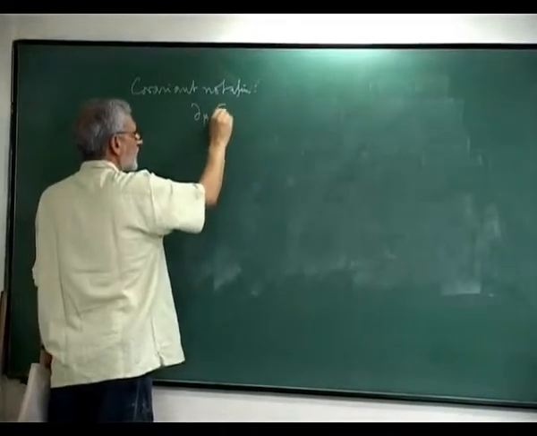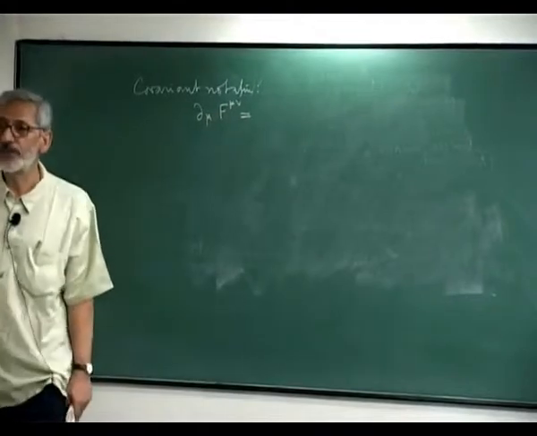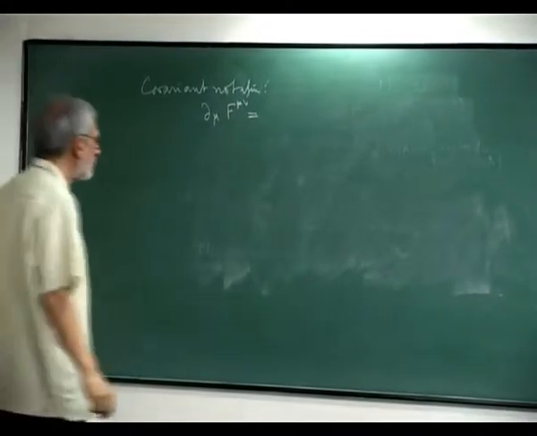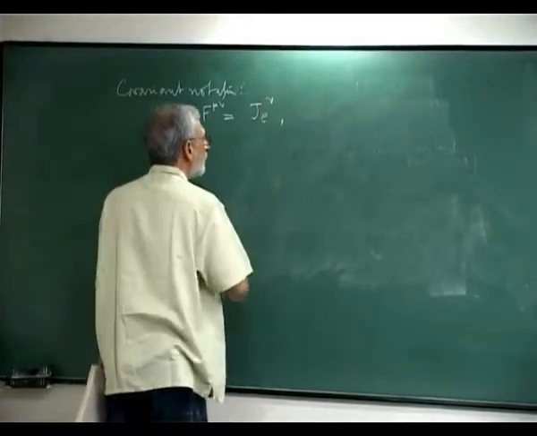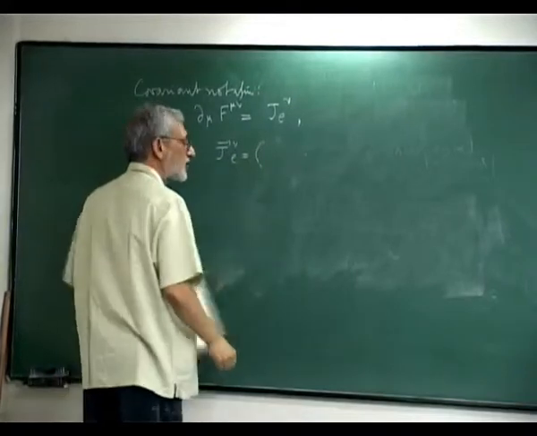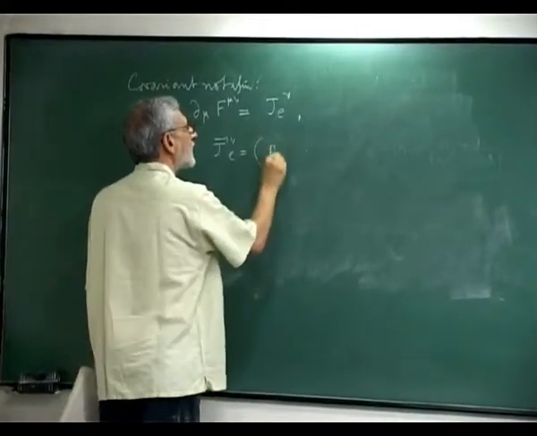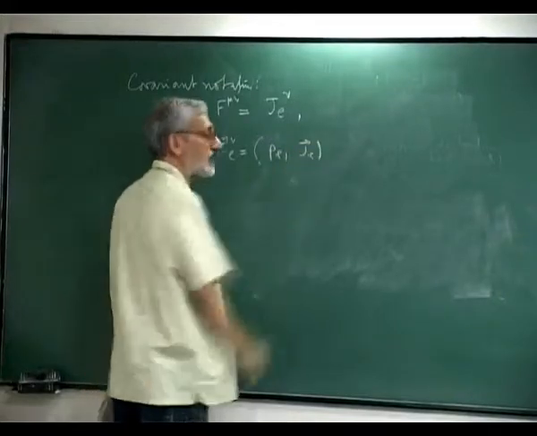The equations of this theory in covariant notation are that d mu of F mu nu is J nu E, where the zero component is rho E and the space component is the electric current.